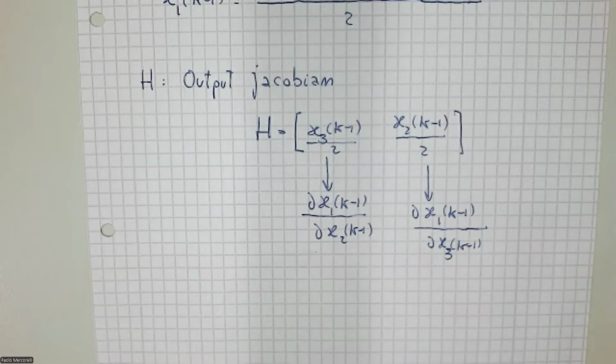We can see that this Jacobian does not depend on t. Let me see if I can add something, then I will open MATLAB and we will discuss a little bit more concretely what I am doing.